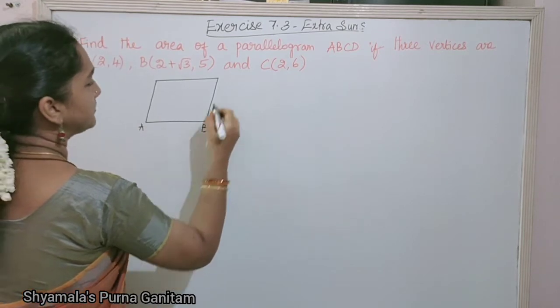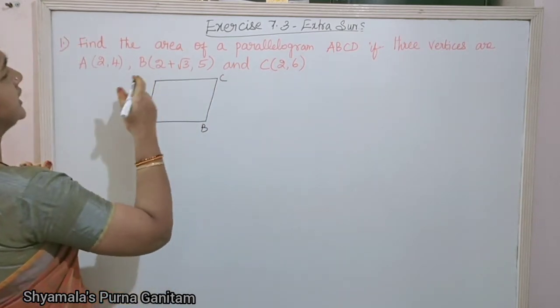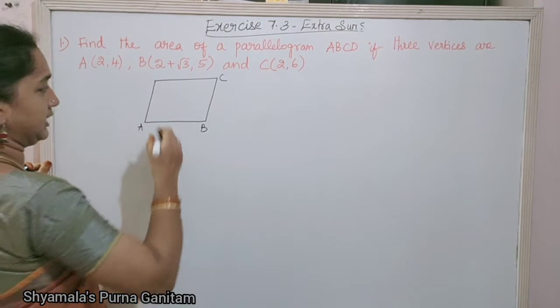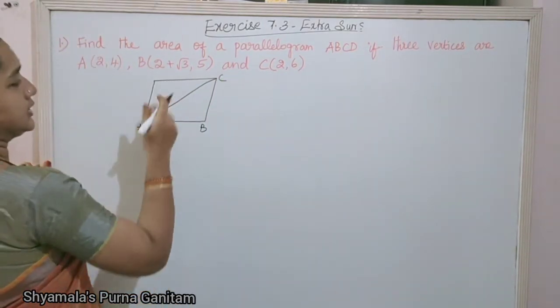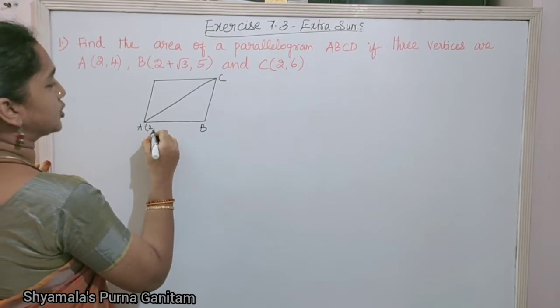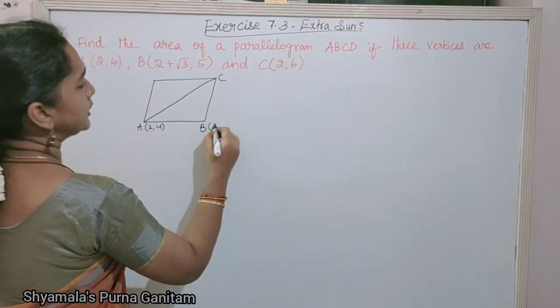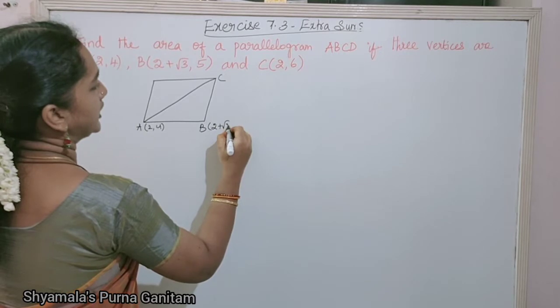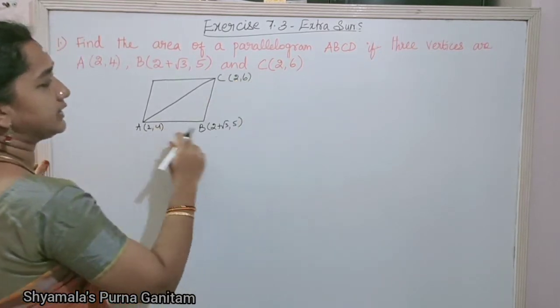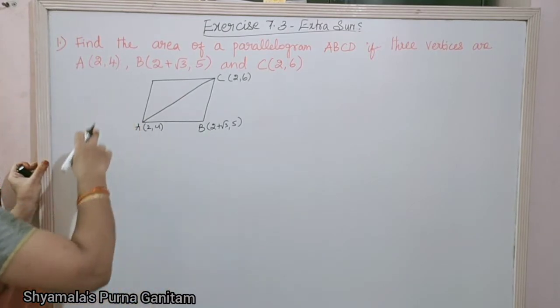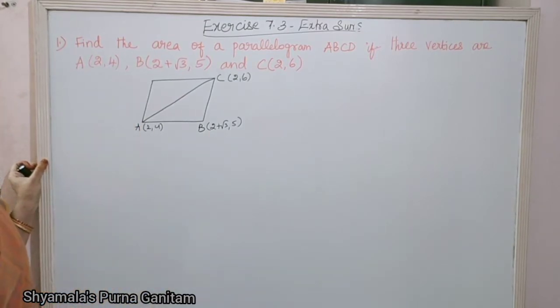So A, B, C three vertices are given in the parallelogram. A is (2, 4), B is (2 plus root 3, 5) and C is (2, 6). These are the three vertices given.